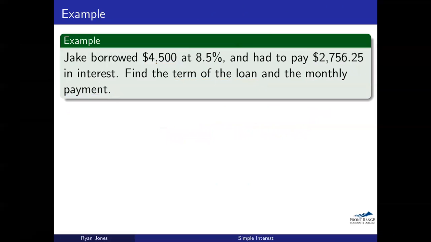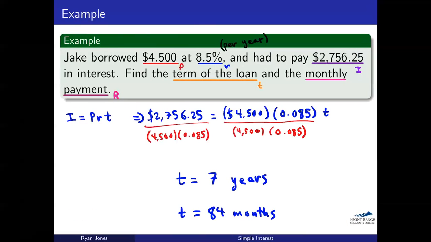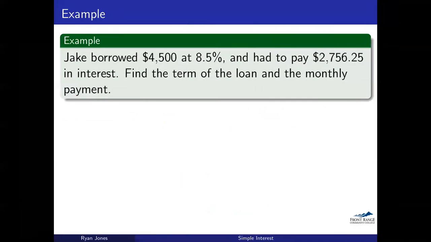We can actually now calculate the total amount that had to be paid back. And once we have that, we're basically done, because once we have the total amount that has to be paid back, we can divide that by the number of months that we found right here, and that's going to be our monthly payment.